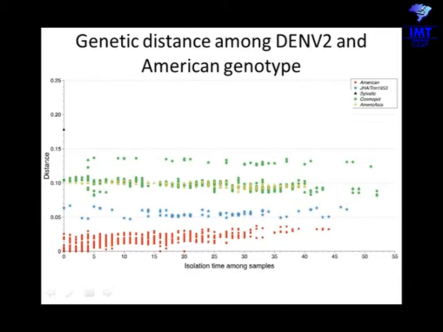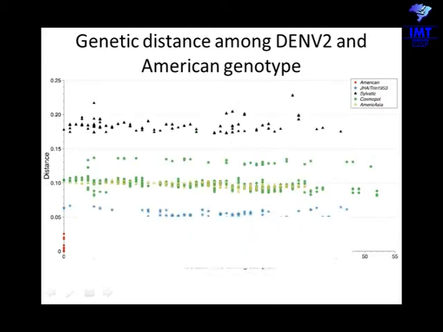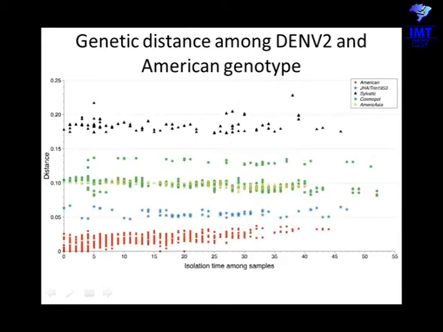This is between the divergence observed for American, Asian, and cosmopolitan genotypes in relation to American, which is around 10%. Only for comparison, sylvatic strains diverge 20% from American genotypes.